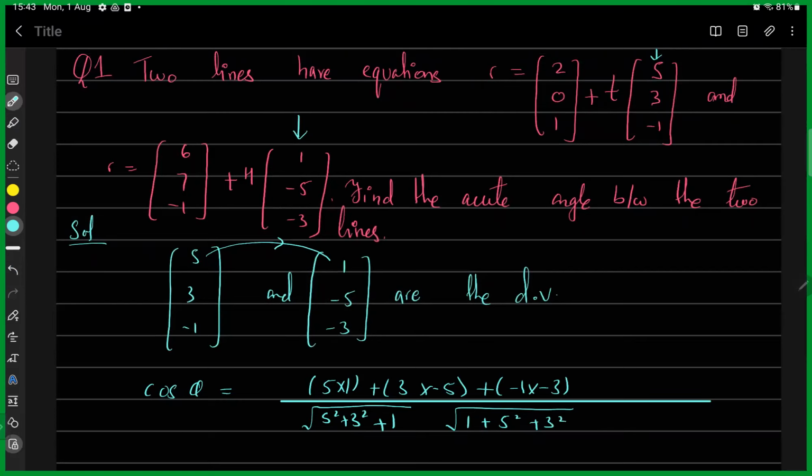Okay. And the numerator would give you 5 minus 15 plus 3, that is minus 7, and the denominator is going to give you root 25 plus 9 plus 1, multiplied by root 1 plus 25 plus 9, and that is 35. So it is minus 7 divided by 35 and that is going to give you negative 0.2.